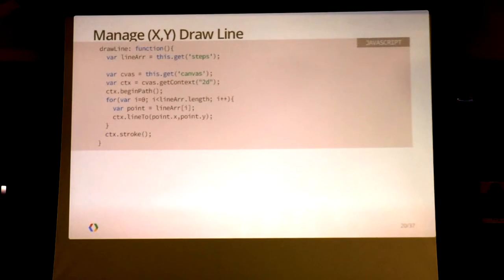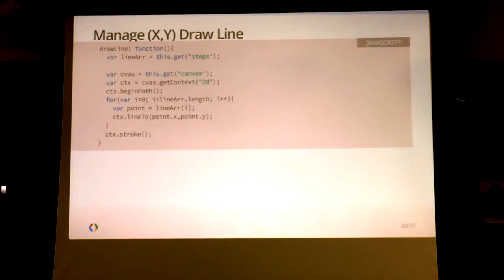All right, and then here's some canvas code for how you're gonna draw the line. So you actually have to get all of the steps. This user has been drawing a line, and they have a list of XY coordinates. We have to kind of draw a line from A to B to C to D to E to F, for every element in steps.